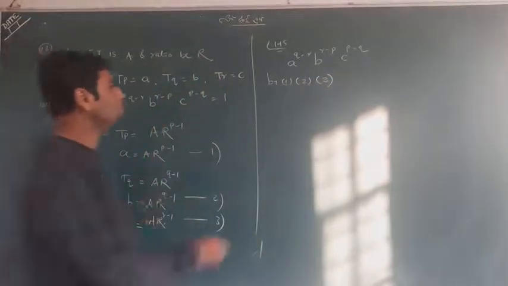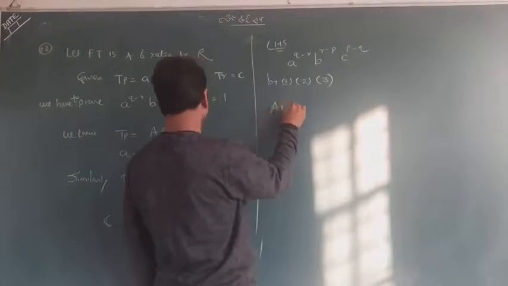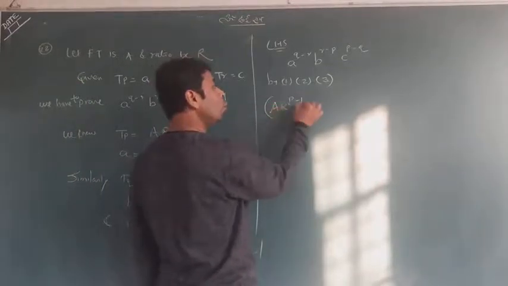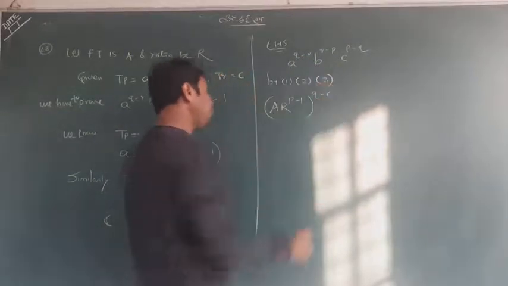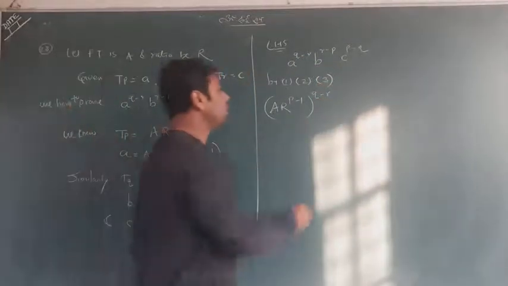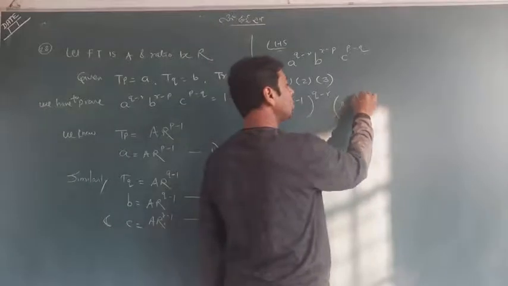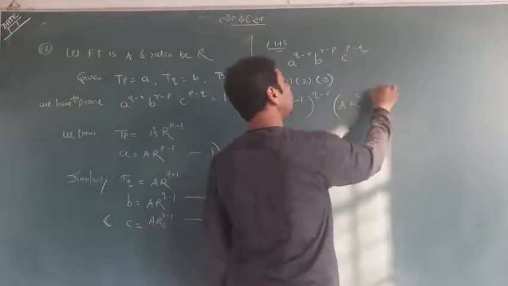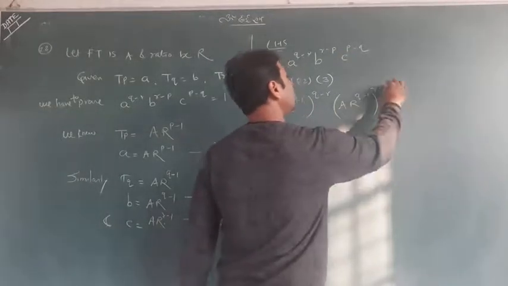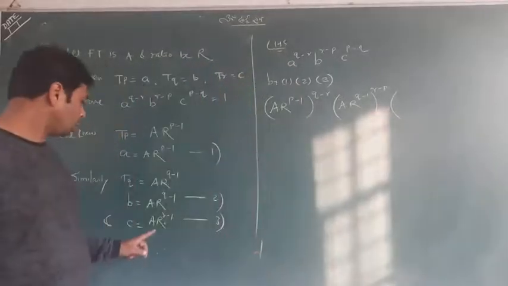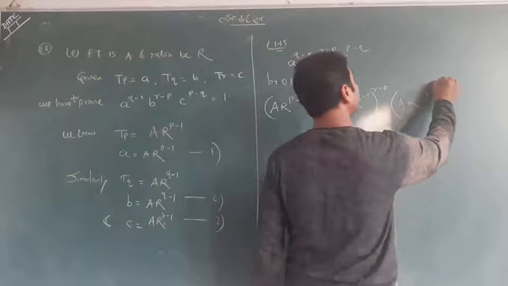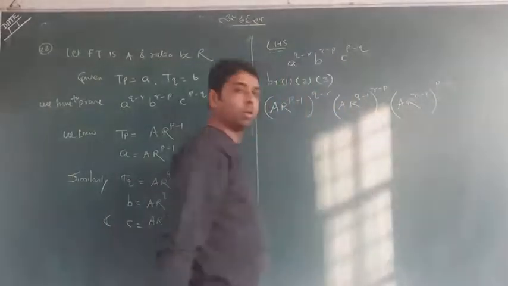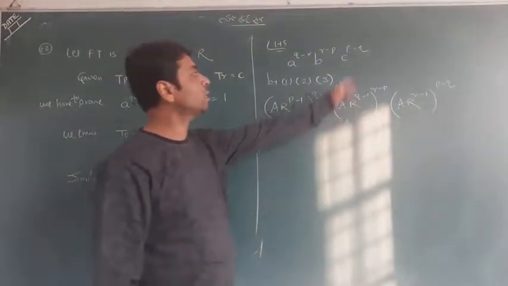Small a equals A R to the power p minus 1, whole power q minus r. The value of b is A R to the power q minus 1, and the whole power is r minus p. What about next? The small c is A R to the power r minus 1, whole power p minus q. Now we will solve this and we will get the answer 1.